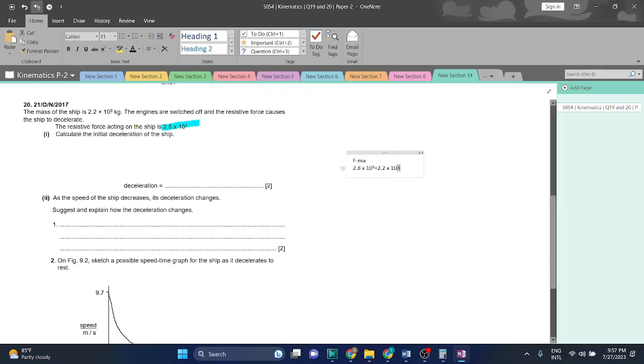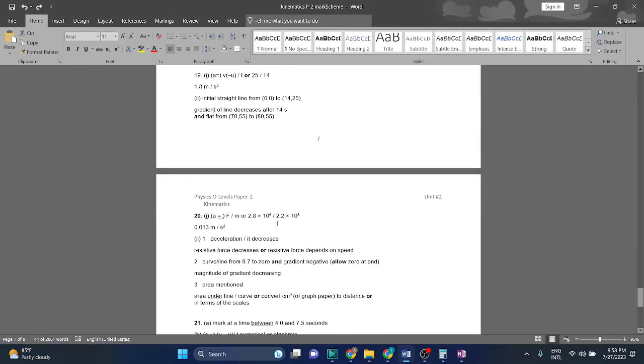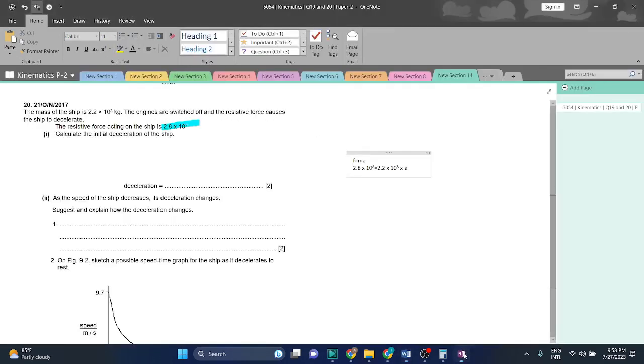Sorry. I don't know why I'm making so many mistakes. आगे into the acceleration, into a. If we divide this value by 2.2 into 10 raised to power 8, we'll get... it is 6.